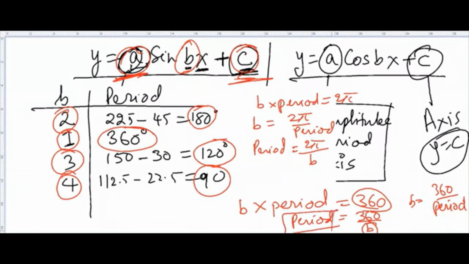Or suppose in the next level you want to find B and you know the period, you have to divide 360 by that period and you will get what to write in front of x. So we should have some kind of practice for this. Now we will practice writing the equation of a graph with the help of these facts.